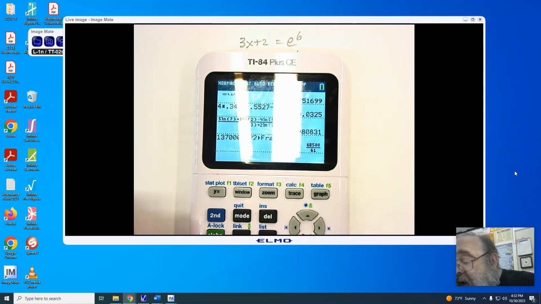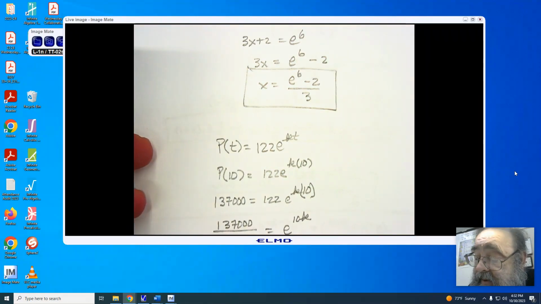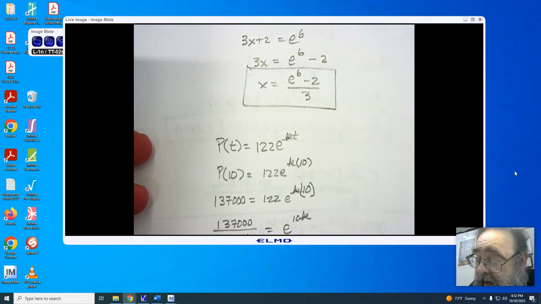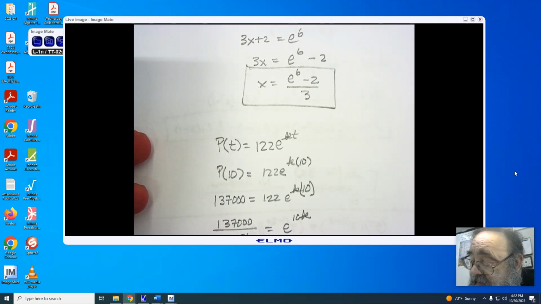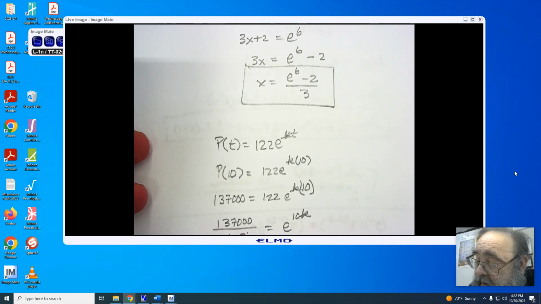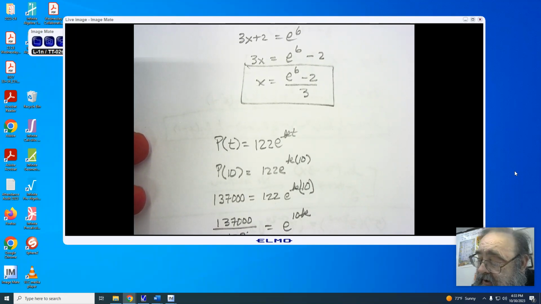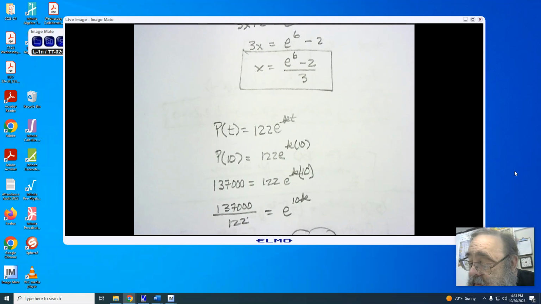Notice I get 68500 over 61. That's going to be the simplest form that we can get. And this is now giving me e to the natural log of e to the 10k. The power moves in front, and natural log of e is 1.